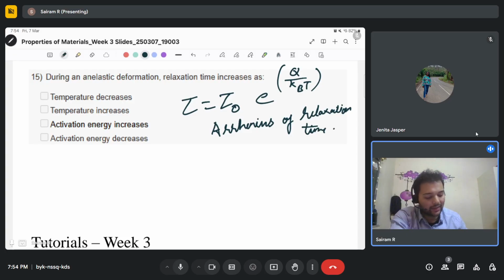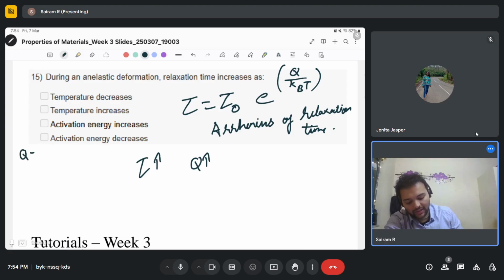As we can see from here, tau increases if Q increases. Q here is the activation energy, and T is the temperature.